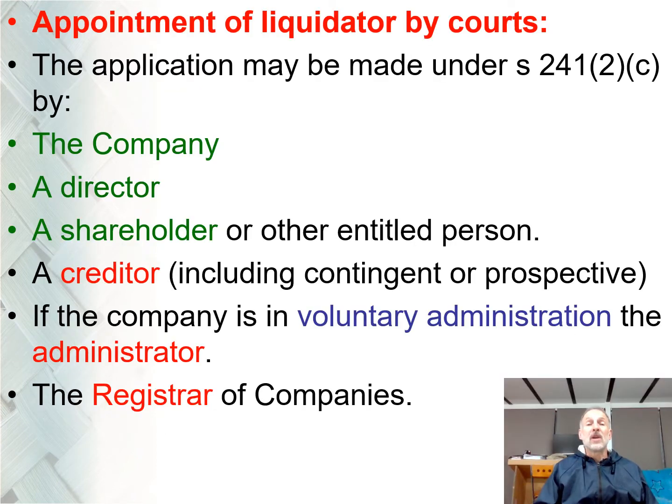Appointment of a liquidator by the courts. The application may be made under Section 241(2)(c) by the company, a director, a shareholder, or other entitled person, a creditor, including contingent or prospective. If the company is in voluntary administration, the administrator, or the registrar of companies.